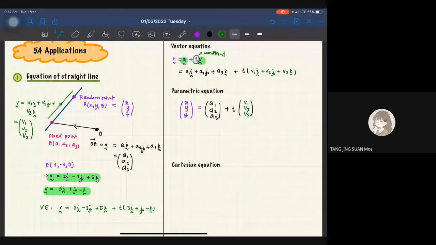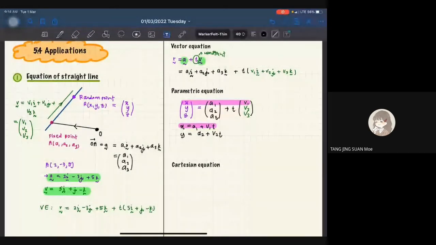Right, so the first one you will get x is equal to A1 plus V1 T. So yang ini awak dapat dia daripada this one, yang atas kan. Okay, so secondly, you will get y is equal to A2 plus V2 T.